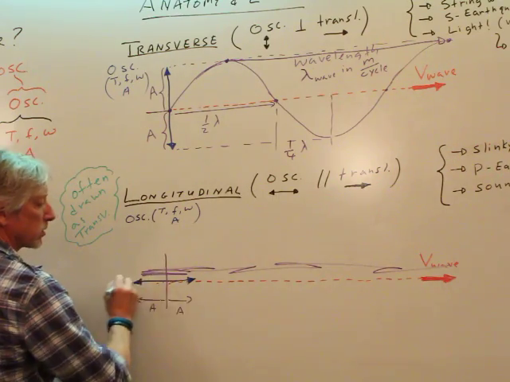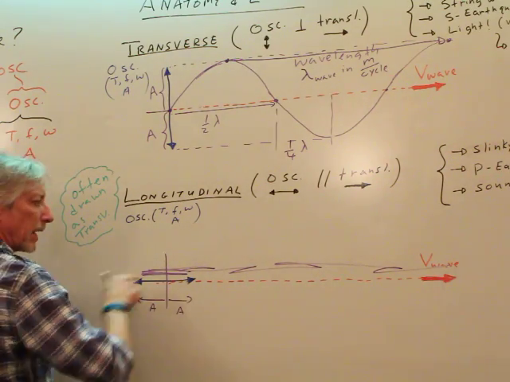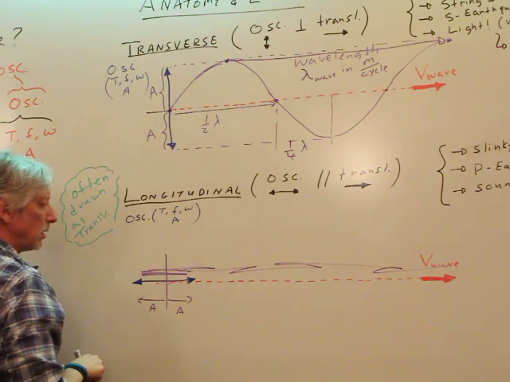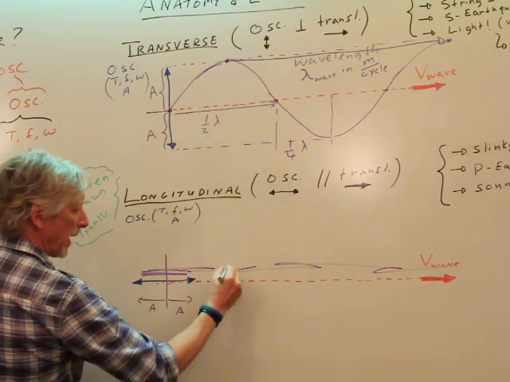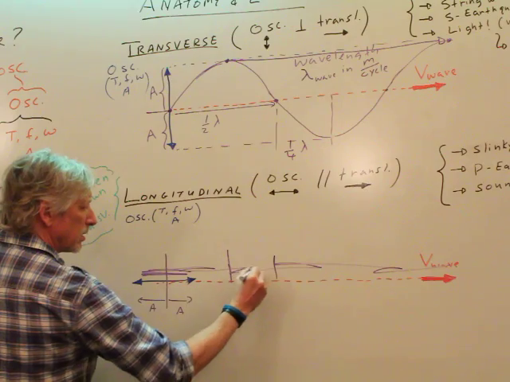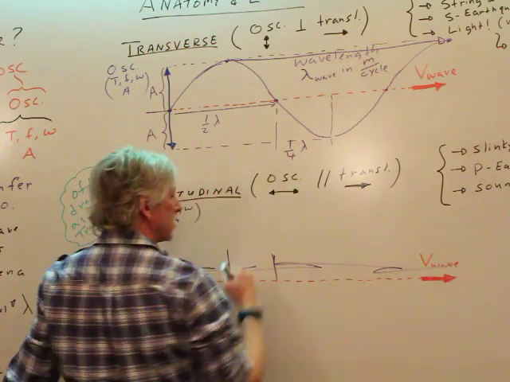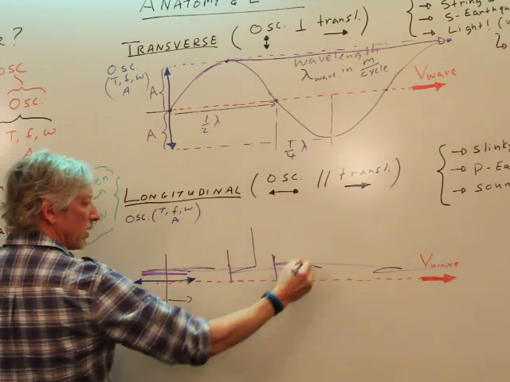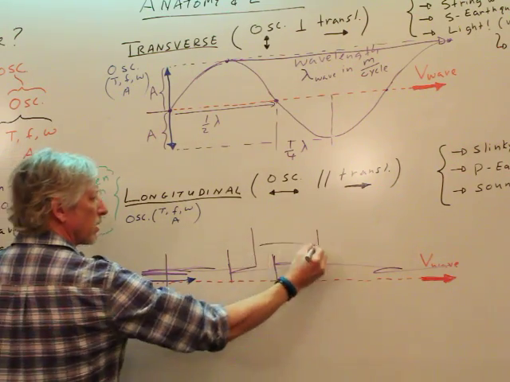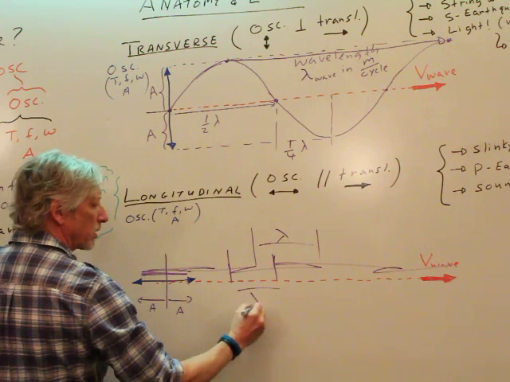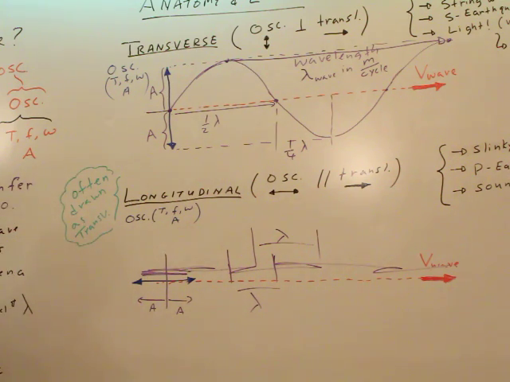I can oscillate fast or slow. And I can travel fast or slow. From the crest to the crest, from the back to the back. Is that a wavelength? Maybe that's a wavelength, right? But really hard to see.